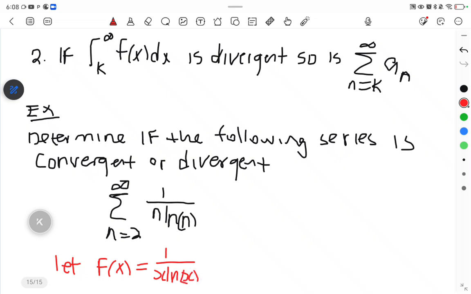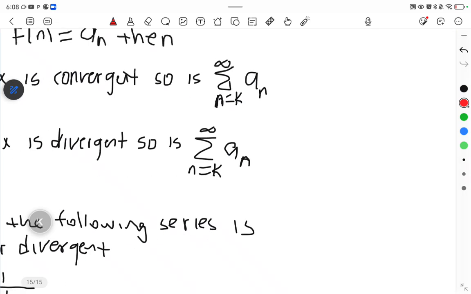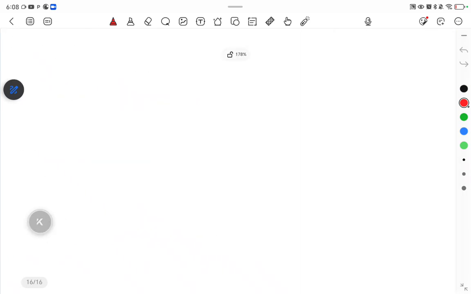You see, right? Then after having that, now what you need to do is state the conditions. You remember I said from the theorem that we suppose f of x is a continuous, positive and decreasing function. So this function is continuous, positive and decreasing.